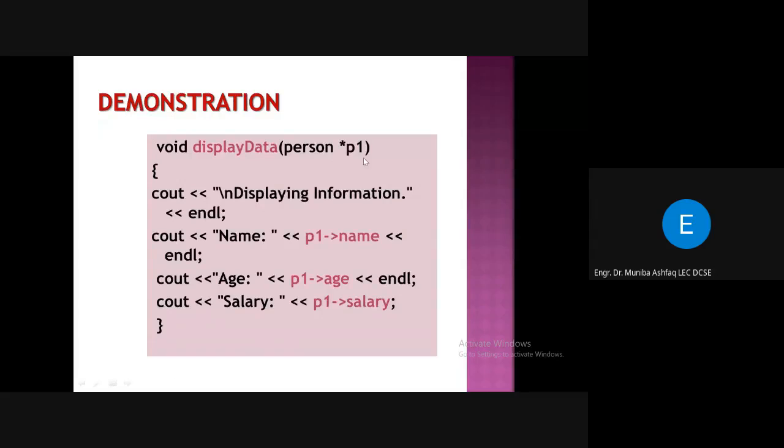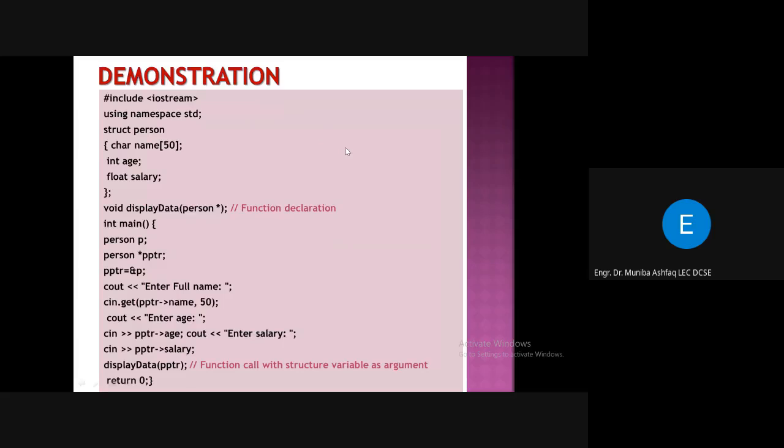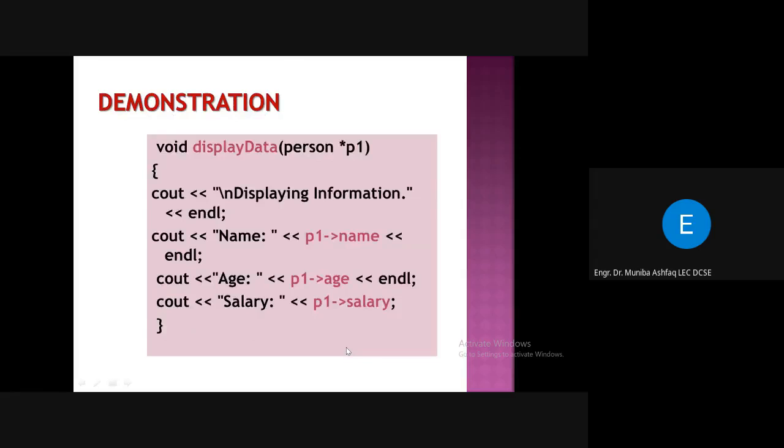There must be a pointer to hold that pointer, right? Now I want to just display the values. So p1 arrow name, p1 arrow age, p1 arrow salary. Why? Because p1 is a pointer. We pass the pointer here, right? So very simple.